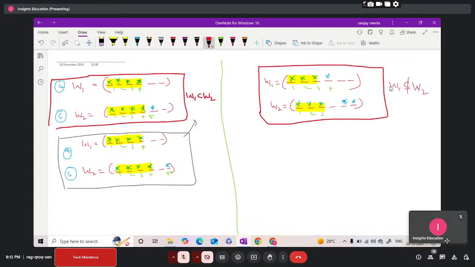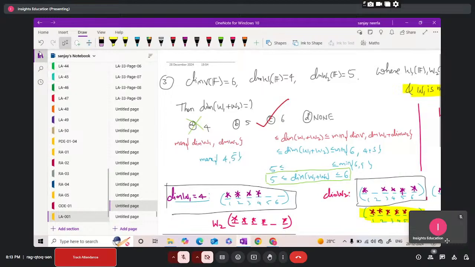Okay, so now the linear sum of W1 and W2 must be 6. In the other two situations, the dimension of W1 plus W2 must be 5. అంటే సబ్సెట్ అయితే 5-dimensional స్పేసే ఫామ్ అవుతుంది, కానీ నాట్ ఏ సబ్ స్పేస్ అయితే ఆటోమేటిక్గా ఒక డైమెన్షన్ మిస్ అవుతుంది, అది ఇంకోటి యాడ్ అవుతుంది అందులో. ఆటోమేటిక్గా అప్పుడు 6-dimensional స్పేస్ మొత్తం కవర్ అయిపోతుంది. క్లియర్ వచ్చిందా అండి ఐడియా? ఓకే, వాట్ ఈస్ ఆన్సర్ హియర్? 6, sir. ఓకే, క్లారిటీ వచ్చింది ఇప్పుడు.